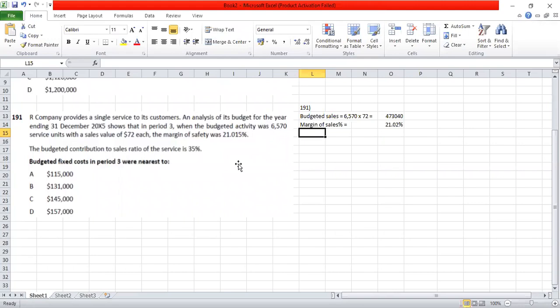So, can we calculate what the margin of safety is? If this is equated to 100%, how much is margin of safety? So, margin of safety, this equation wise, we have this one as margin of safety.